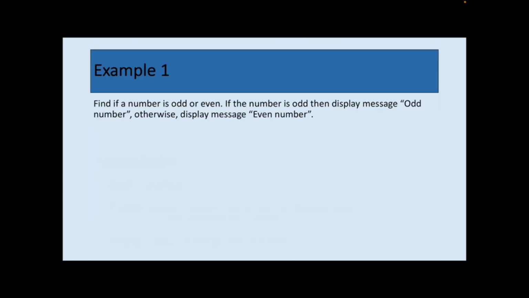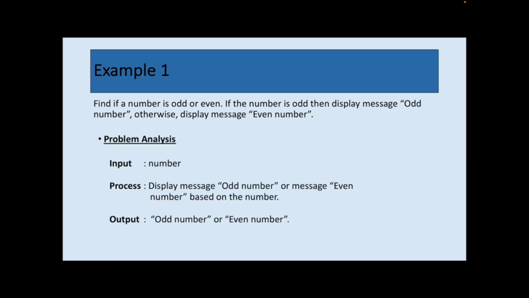For example, find if a number is odd or even. If the number is odd, then display the message odd number, otherwise display the message even number. So for the problem analysis, the input here is number, the process is to display the message odd number or even number based on the number, and the output is odd number or even number.